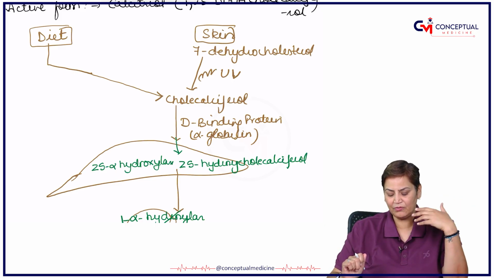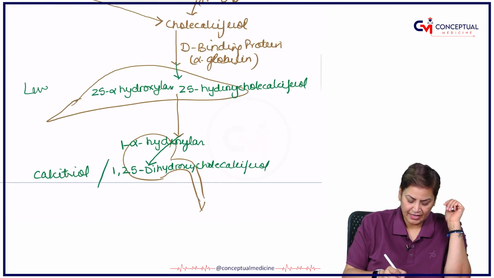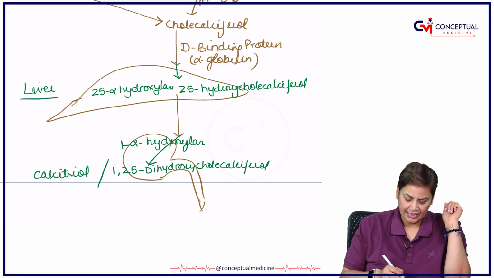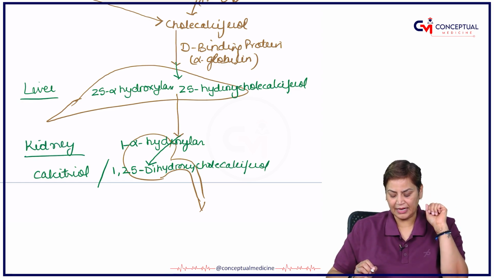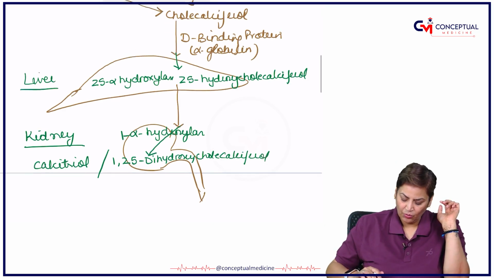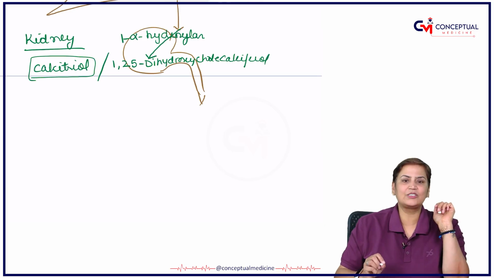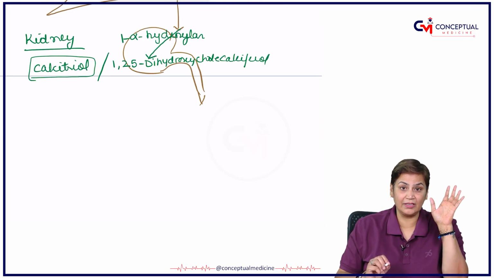First of all, it will be with the help of D-binding protein enter inside the liver, where it will undergo first hydroxylation at 25th position, then it will enter in the kidneys, hydroxylating at first position. Now what happens is, this calcitriol is going to exert its function in 3 major organs.